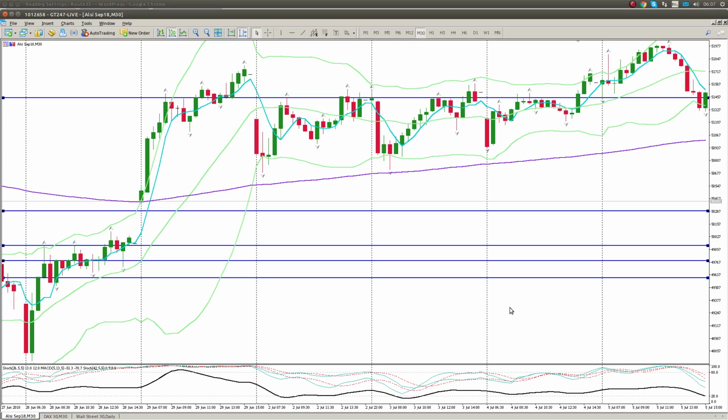If I just head to the left, you will see we can start adding additional levels. There's an inside bar, inside tail there, and that would be the first level, then the second level, and then you've got this area here. So as I said, this 49,340.